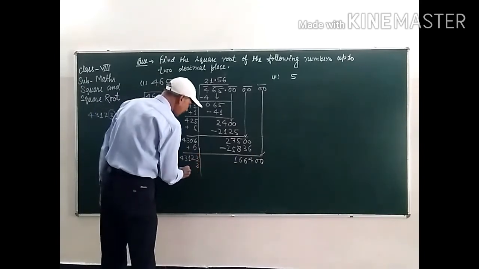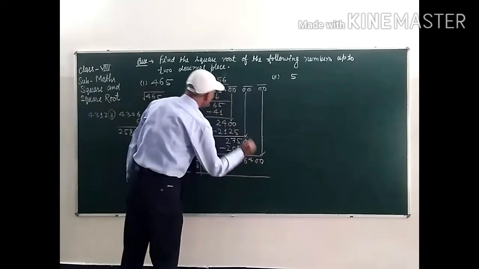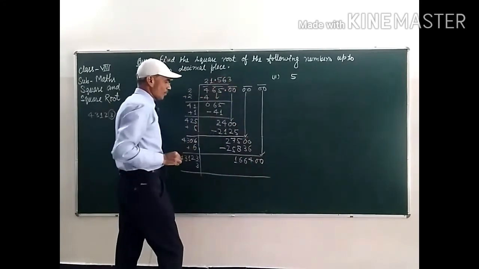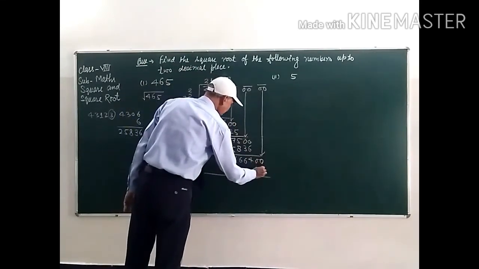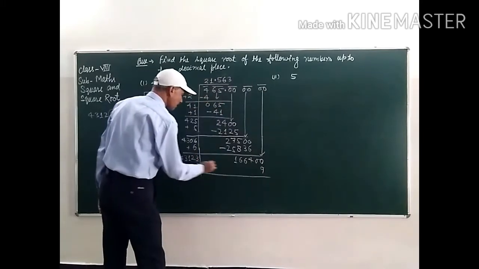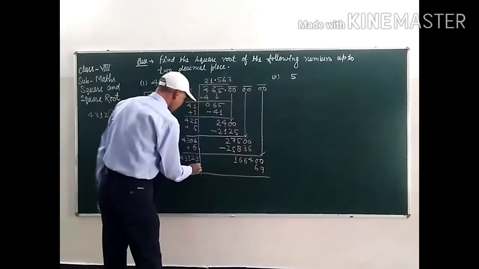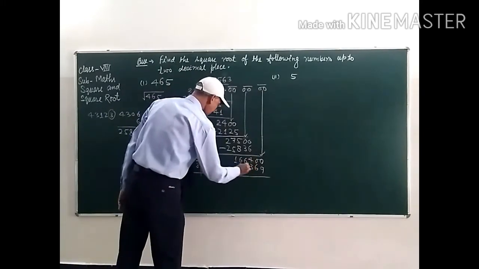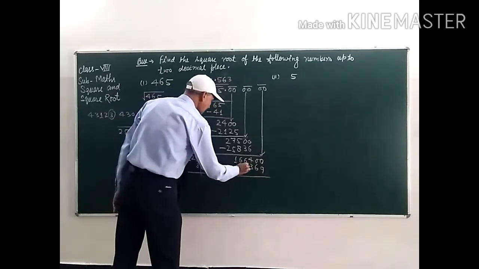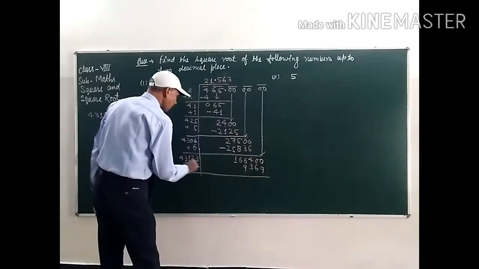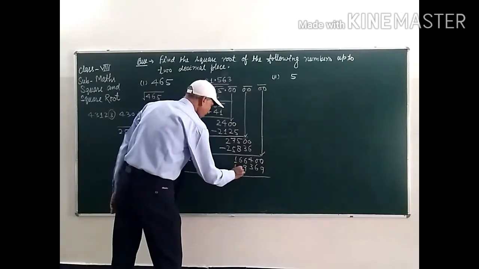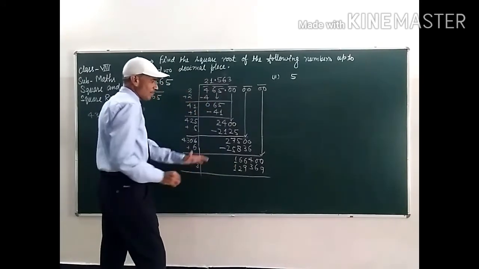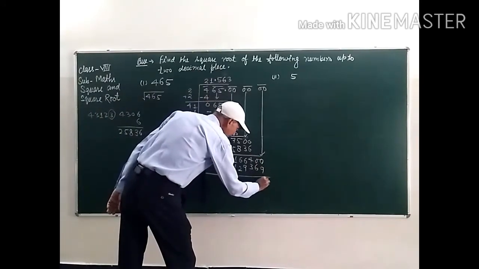Multiply it by 3. Write here 3, and 3 3s are 9, 3 2s are 6, 3 1s are 3, 3 3s are 9, and 3 4s are 12. Okay student, subtract this number here.